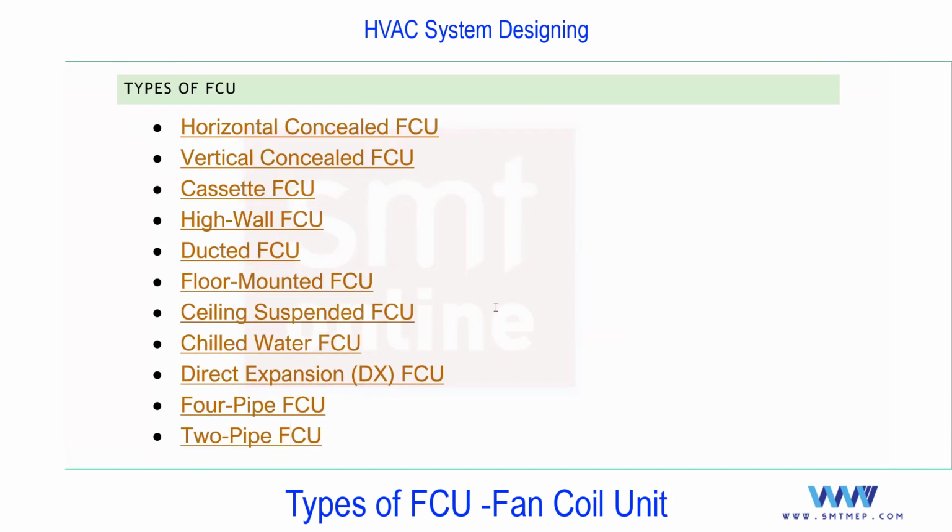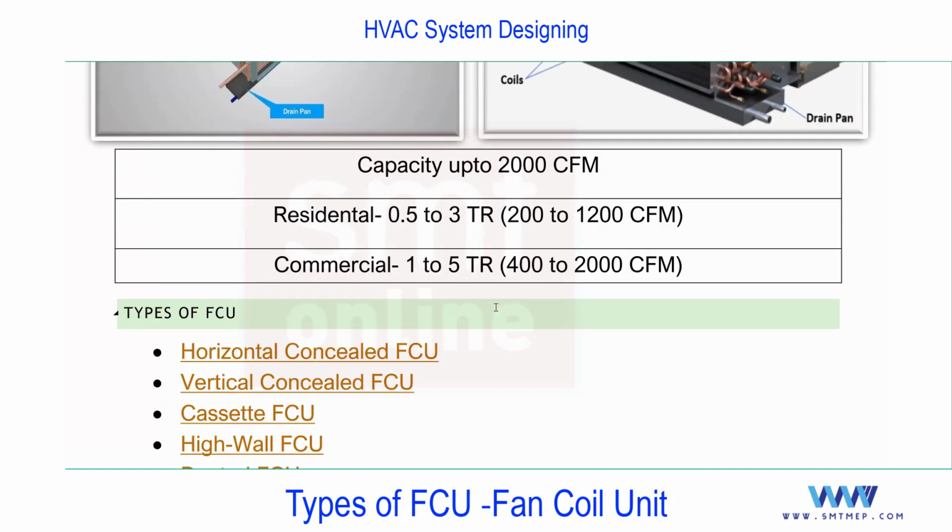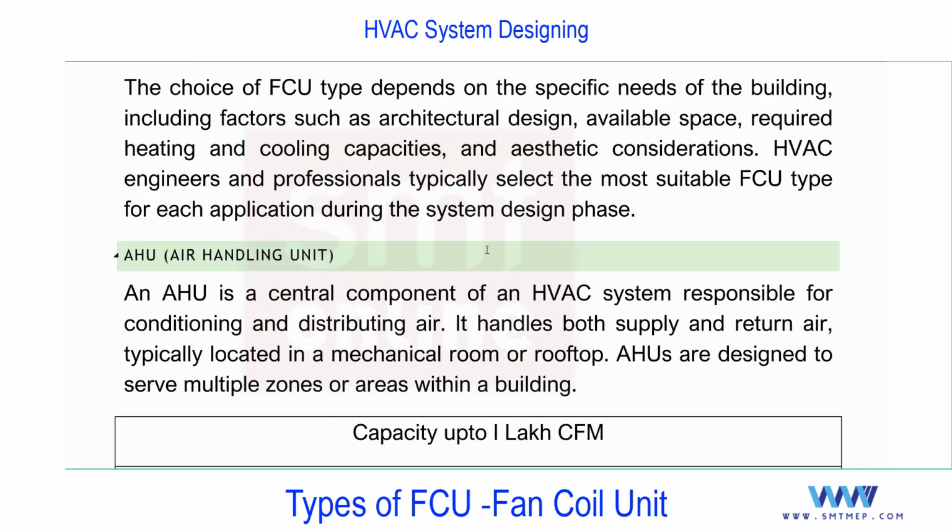And as I said at the beginning, this FCU is common for the different systems: VRF, chill water, split, ductable split, etc. So this is about the FCU, fan coil unit, in short FCU. The selection of FCU is as per the interior requirement or the site clearance, but mostly as per the interior requirement only.